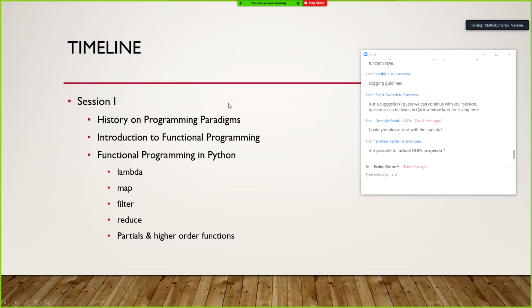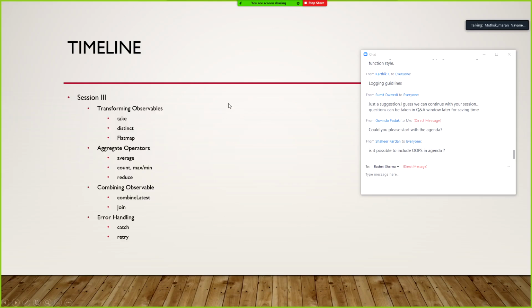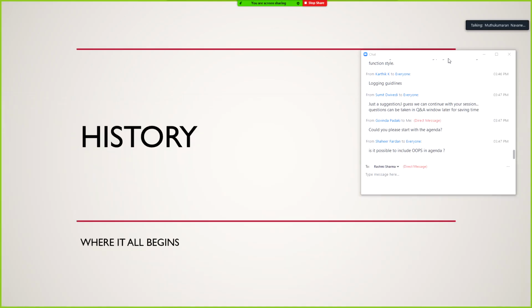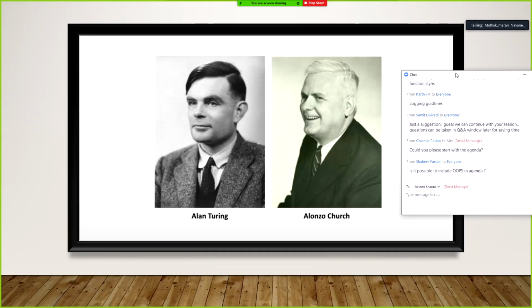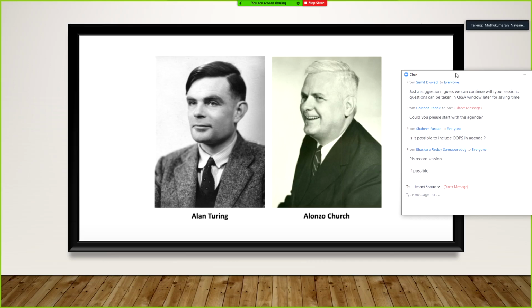So the first thing is the history of functional programming. Okay, so where it all begins. These two guys, Alan Turing and Alonzo Church. Alonzo Church is a professor whose bright student was Alan Turing. They both worked together at Princeton University.